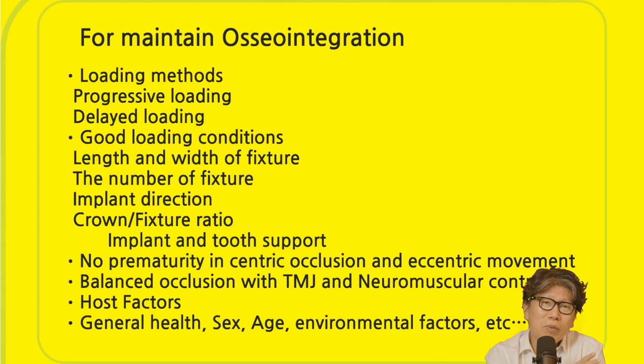So when I say aesthetic and functional implant, it's really just a prosthesis on an implant that's placed in a good position and in a good orientation. Of course, shade and shape are important. But if you don't have the basics of prosthesis and fixture placement, you can't do anything else.